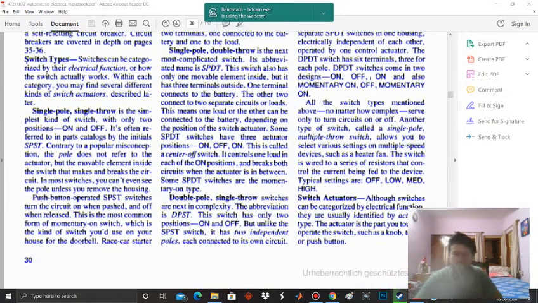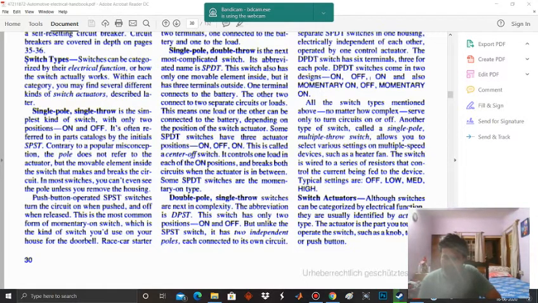All the switch types mentioned above, no matter how complex they are, serve only to turn circuits on or off. Another type of switch is called single pole multiple throw switch, which allows you to select various settings on multiple speed devices such as heater, fan. The switch is wired because you need different speed ranges and different positions.